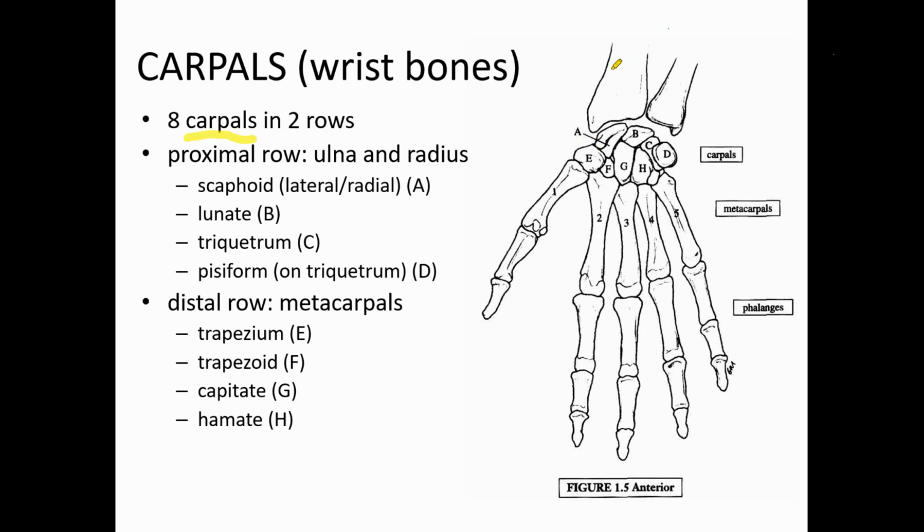Remember the 2 bones down here, this one is your radius and this one is the ulna. So we're going to start proximal, closer to the radius, with A. That's your scaphoid. Next comes your lunate, then your triquetrum, and then sitting on top of the triquetrum is your pisiform.